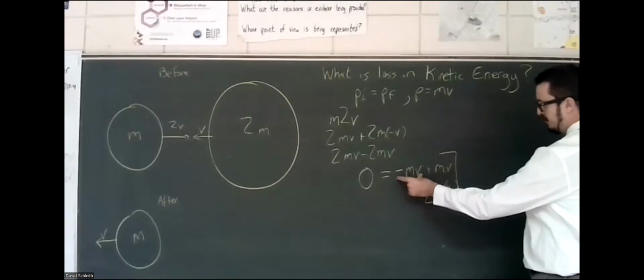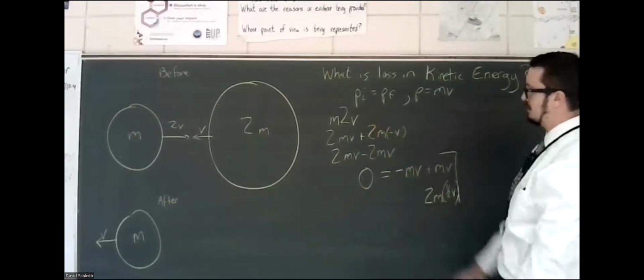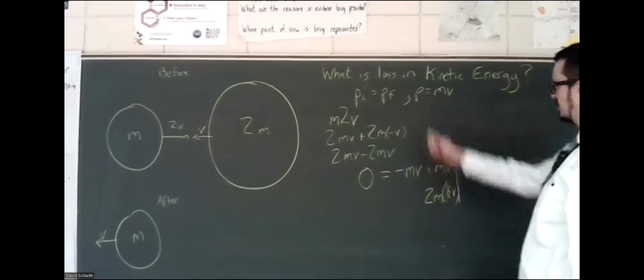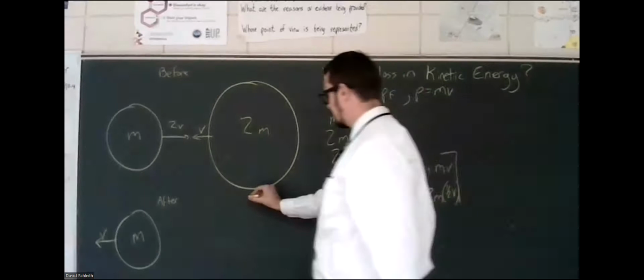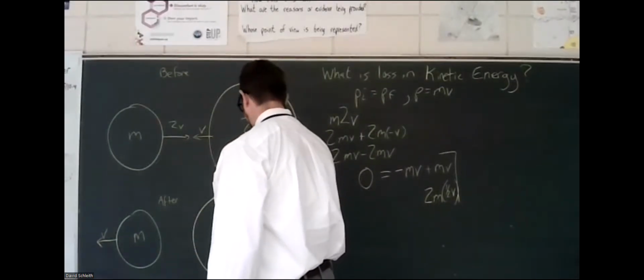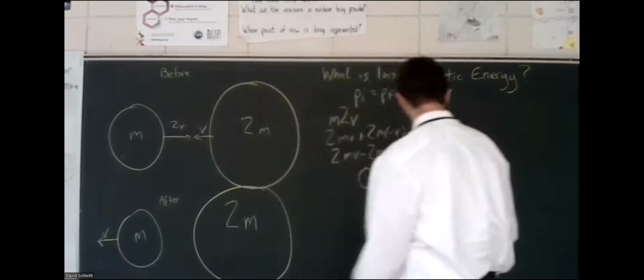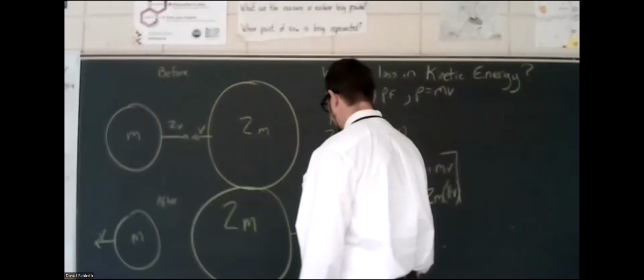So we have negative mv plus mv is zero. We've conserved momentum like we have to in the universe. So this is always conserved. And now we know everything about the particles. I'll draw it out here. This object, which has a mass of 2m, is going to be traveling at a speed of 1/2 v.